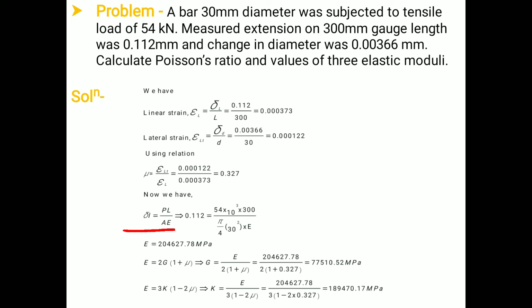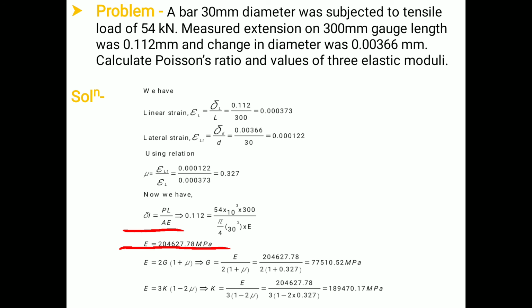The value of area is pi by 4 into 30 square, because the diameter of the bar is 30 mm. E will remain as it is, that we have to find out. Therefore, from the given equation, the value of E is 204627.78 MPa.